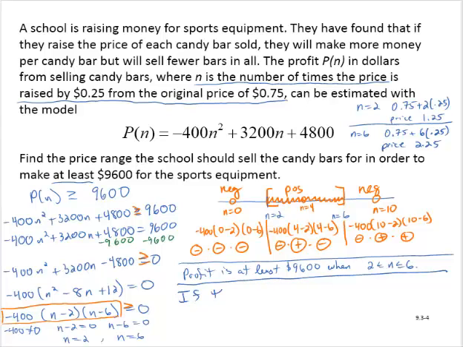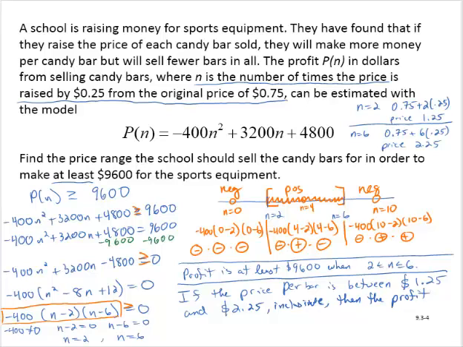If the price per bar is between $1.25 and $2.25, inclusive, meaning we can include the endpoints, then the profit will be at least $9,600.